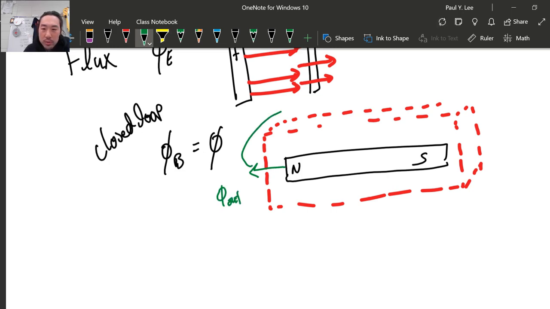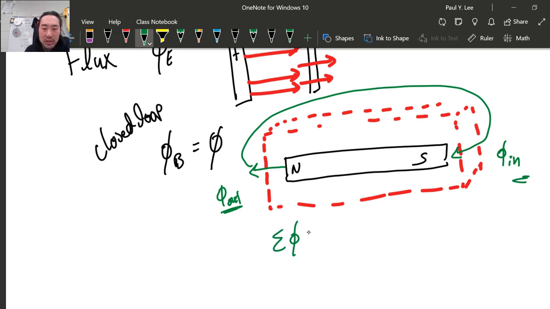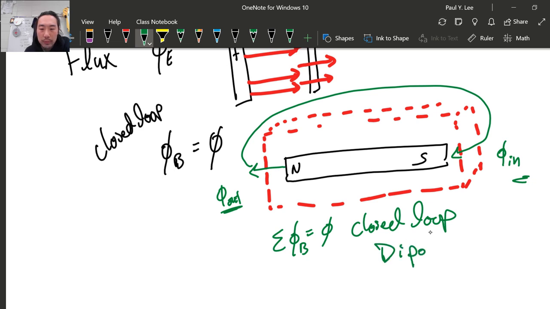But when this loops around, that same field is going flux in. So with this flux out and this flux in, what we get is a net flux of zero, always, for a B field. This is due to a closed loop, and this is due to the dipole, a fundamental rule of magnetic fields.